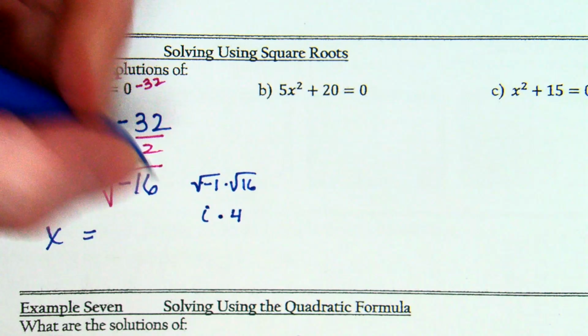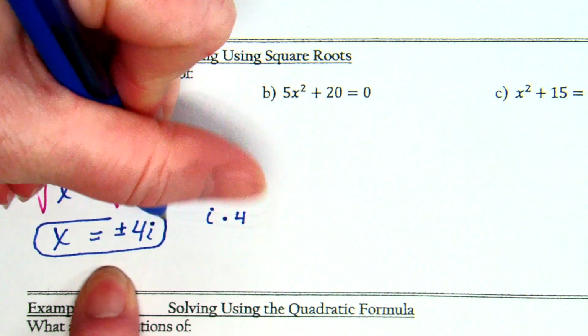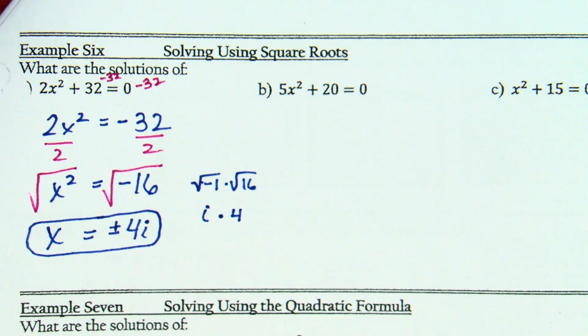Plus or minus 4i. Because when we take the square root in an equation setting, we have to account for the positive and the negative roots. Does that ring a bell? Okay. So remember, these equations have two solutions. Okay, questions on this one?